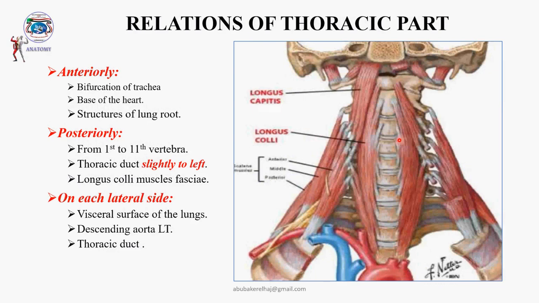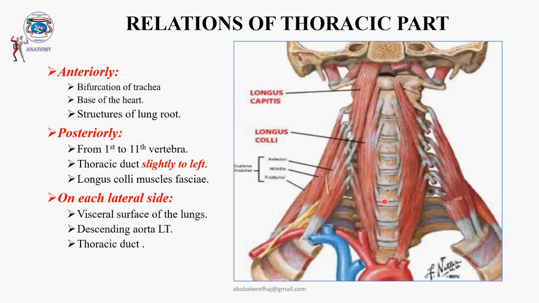In the thoracic part of the esophagus, anteriorly it is related to the bifurcation of the trachea and the base of the heart, and also to the structures which enter the hilum of the lungs, called the roots of the lungs. Posteriorly, the esophagus is related to the first to 11th vertebrae for its long course, and the thoracic duct slightly to the left, and the longus colli muscles and fasciae along the vertebral bodies.